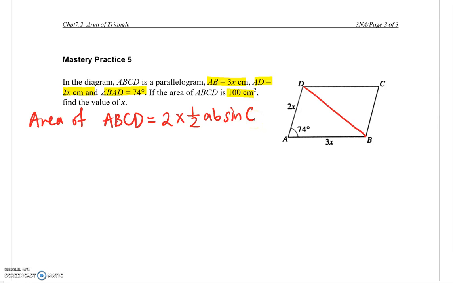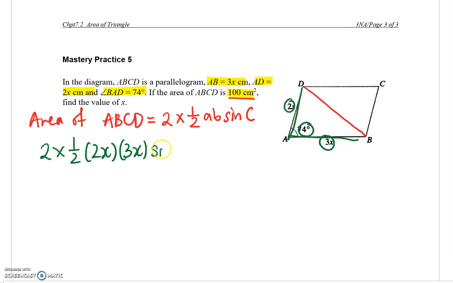Okay, and we know that this is equal to 100 centimeters square. So let's put this all together. 2 times half, 2x times 3x sine, the angle has to be in between the two lengths. Okay, sine 74 degrees is equal to 100, right?